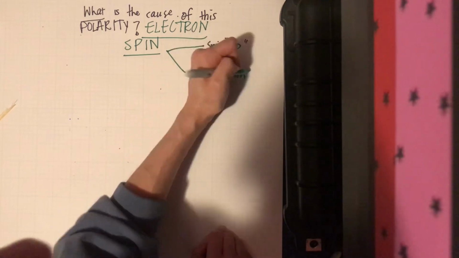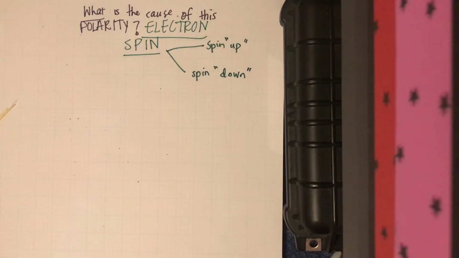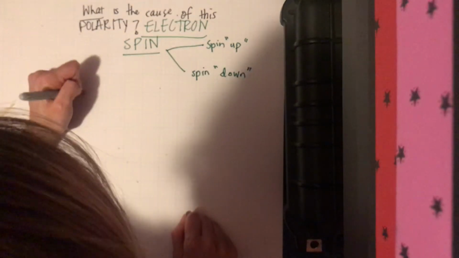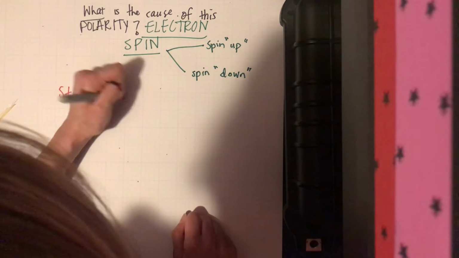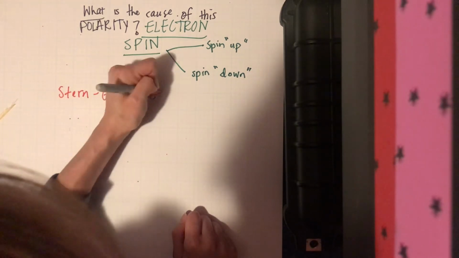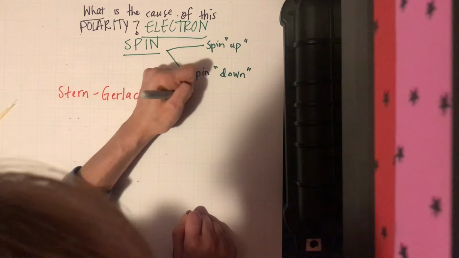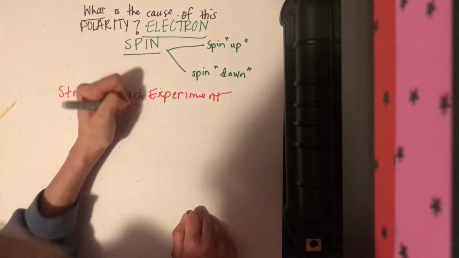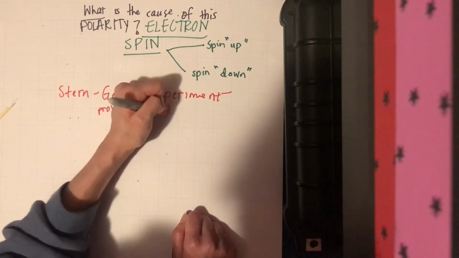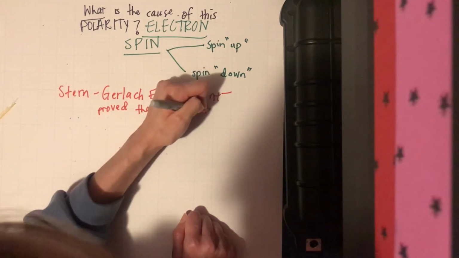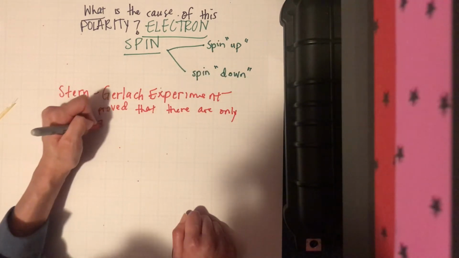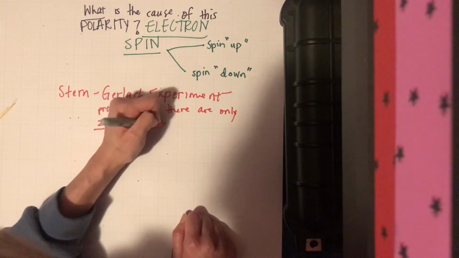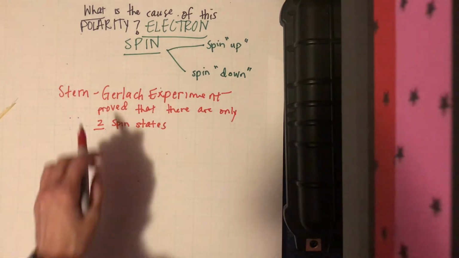And this was shown in an experiment called the Stern-Gerlach experiment. The Stern-Gerlach experiment basically proved that there are only two spin states, spin up and spin down. And I'll show you how it did that.